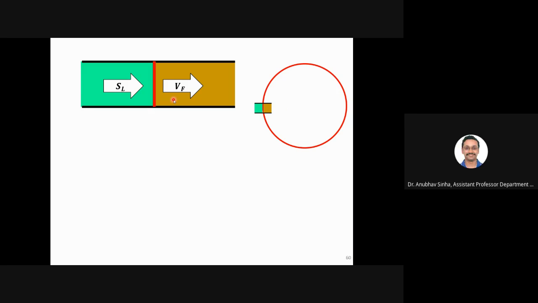SL, what about VF? So burned gases are there. That is what is pushing this flame also, right? Think about it, whether it will be VF or SL. Here the burned gases are going out of the tube.